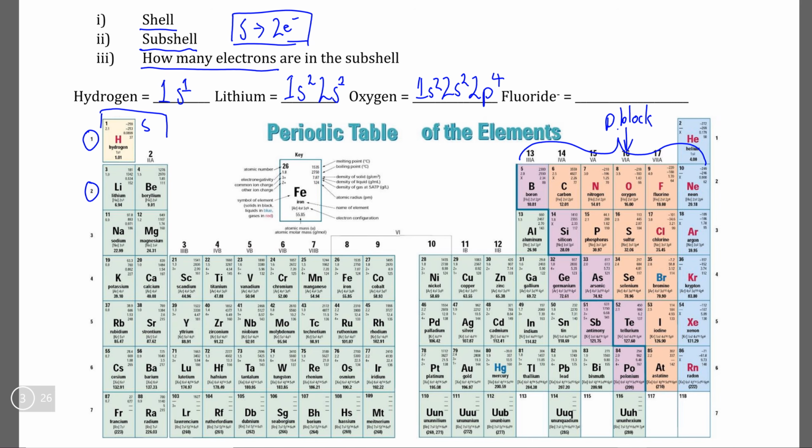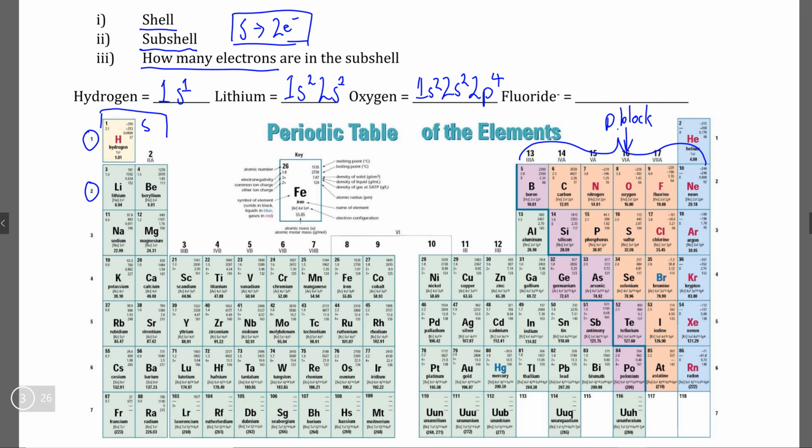So oxygen's electron configuration is 1s2, 2s2, 2p4. Again, 2 plus 2 plus 4 is 8 electrons in total, 2 of them in the 1s subshell, 2 of them in the 2s subshell, and 1, 2, 3, 4 of them in the 2p subshell.